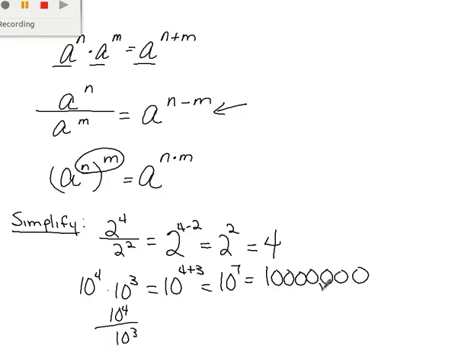Make sure you go back and put in your commas to be able to read your number. 10 to the 4th divided by 10 to the 3rd, according to our law of exponents, would be 10 to the 4 minus 3, which equals 10 to the 1st, which equals 10. So if it says simplify, you have to come up with a numeric answer.